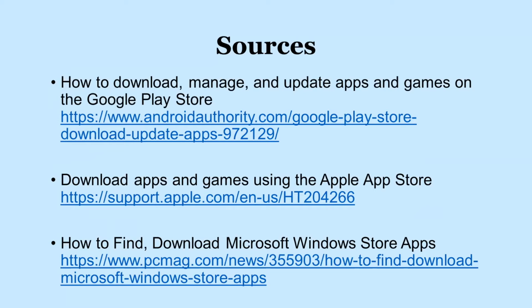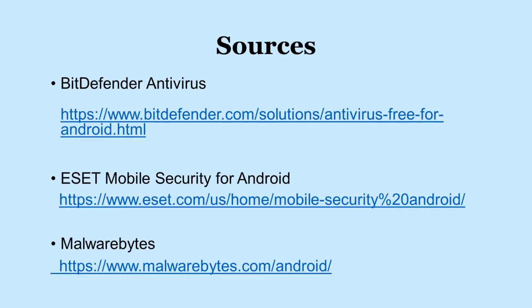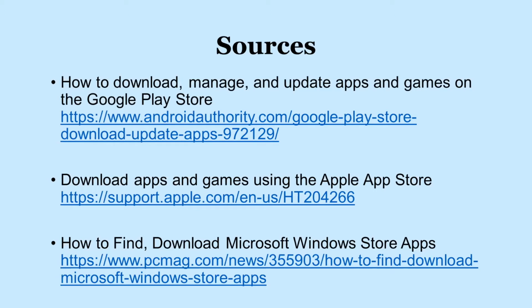Here's support at apple.com, which shows you how to use the Apple Store. An article from PC Mag on how to find, download Microsoft Windows Store apps. And a few others for Bitdefender, ESET, mobile security for Android, and also Malwarebytes.